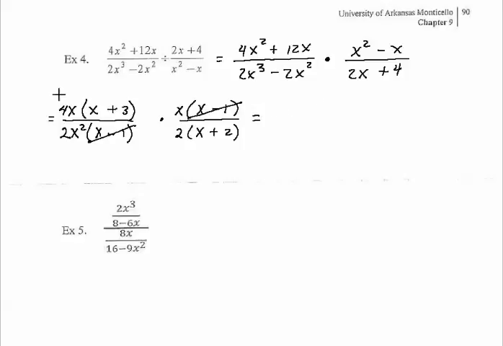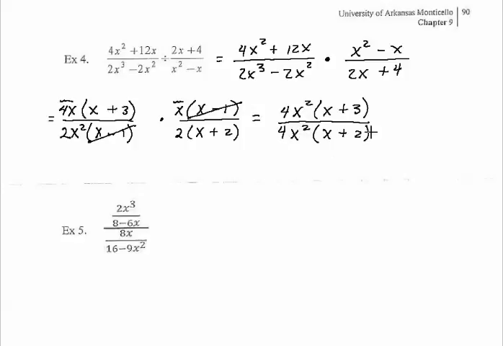On the top here we have a 4x and an x, so that would multiply to give us a 4x squared, and then we have this binomial here, and so we'll write it off to the side, x plus 3. Now for the denominators, we have a 2x squared times a 2, and 2 times 2 is 4, and so we have an x squared that we put to the side of it, and then we're left with a binomial of x plus 2 in the denominator.